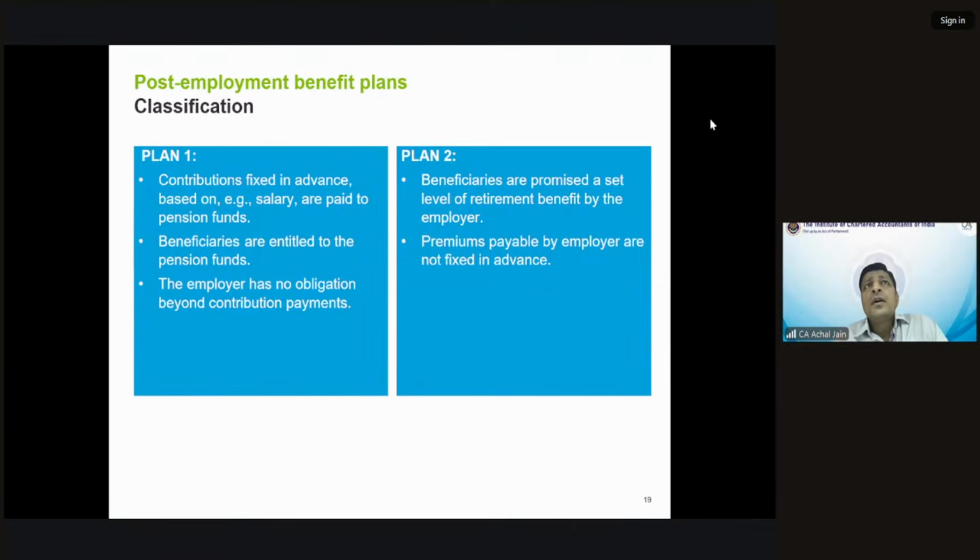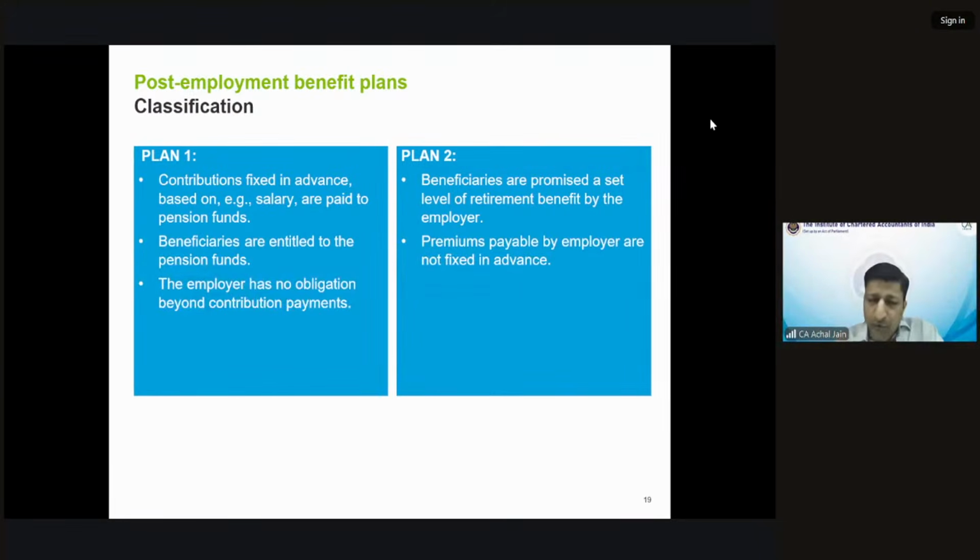Now please help me understand one point. Do you think each year the entity will have to record a liability in respect of this employee benefit? Yes, sir, of course.